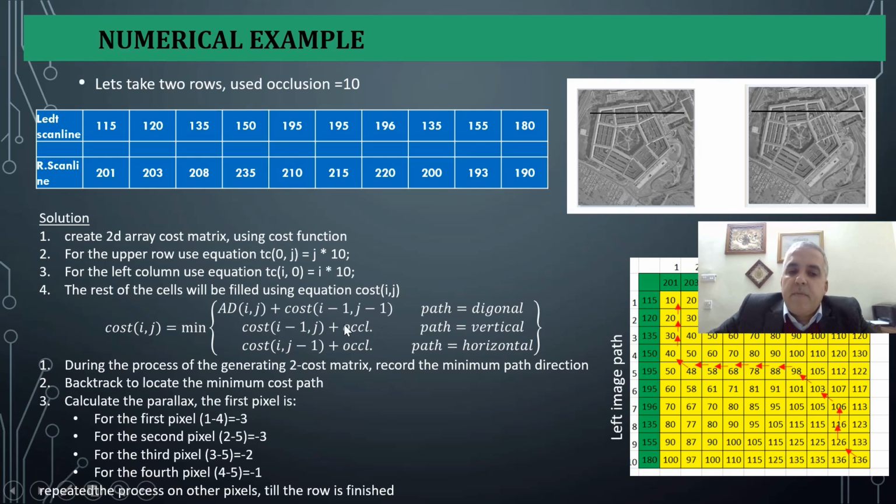What does that mean? For example, we take this pixel value.